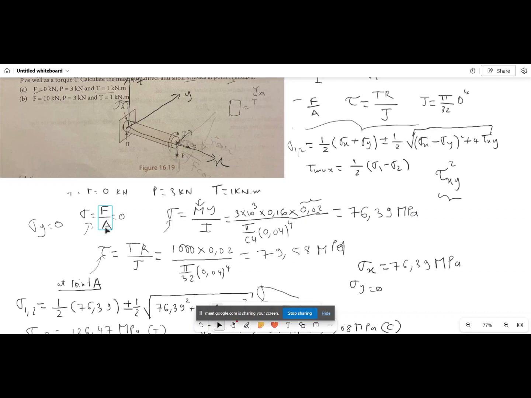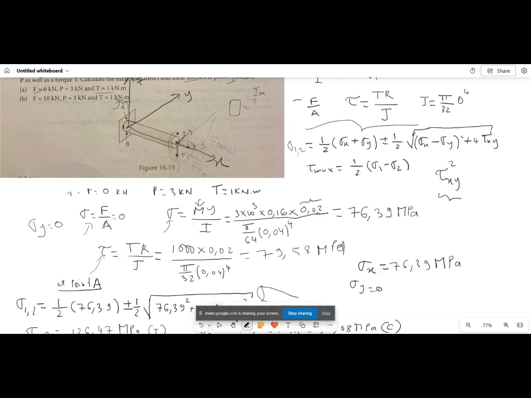The only difference here, guys, remember, you have a direct stress that is created by the bending, which is positive. Now, you have a positive direct stress that is straightly created by this force. Very straight. I don't know if you see it.